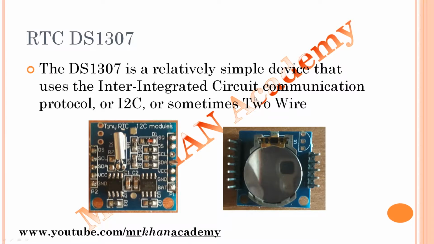In this protocol you can see the pins SCL and SDA, which we'll discuss in detail. If any module has SCL and SDA, we can say that the module works on the I2C protocol, or 2-wire protocol. Why do we call it 2-wire? What is I2C? We'll see in detail in the next slide.